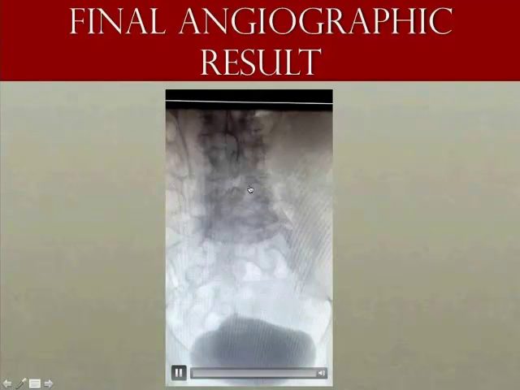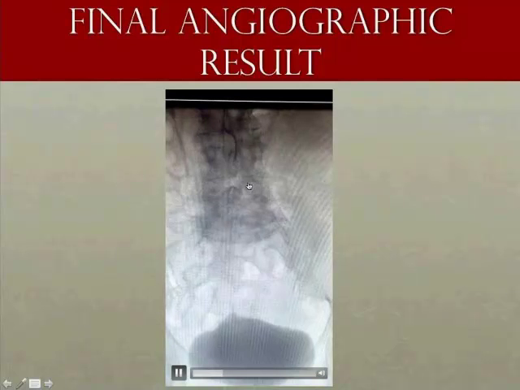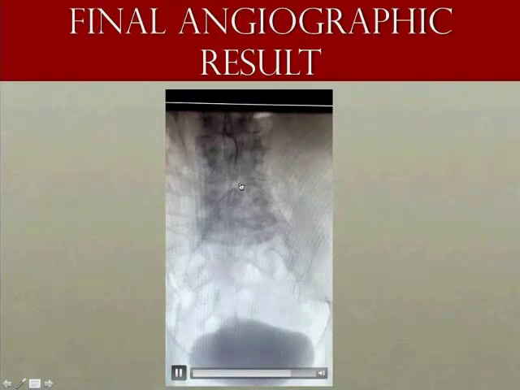There's good flow down the right common iliac artery, and quite good antegrade flow down the left common iliac artery, with preservation of the left hypogastric as well. You can also appreciate that the left common femoral artery does have a fair amount of calcification, as does the right. So overall, I was quite pleased with the result.